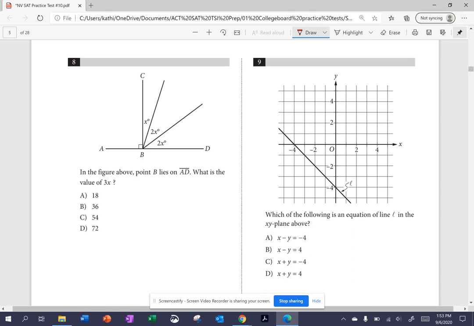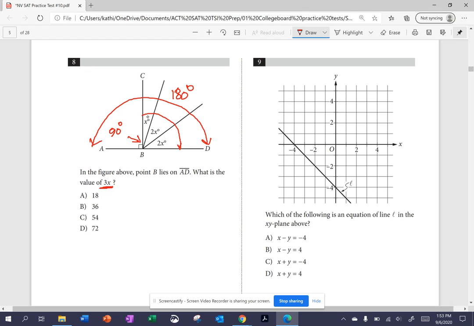Here's a geometry problem. In the figure above, point B lies on segment AD. What is the value of 3x? So we want to make sure we're answering the question here. I know for a line, I have 180 degrees. Right here, I have a symbol telling me this is a right angle, so I know this is 90 degrees.